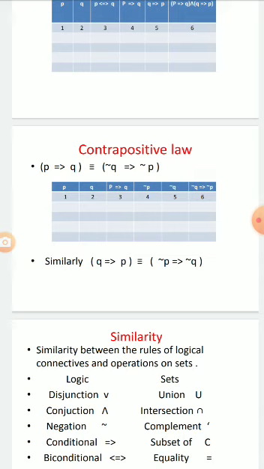So we have three more statements. That part we are going to study next time: given a conditional statement, its converse, its inverse, and its contrapositive. This shows that every conditional statement is equivalent to its contrapositive statement, and every converse statement is equivalent to its inverse.